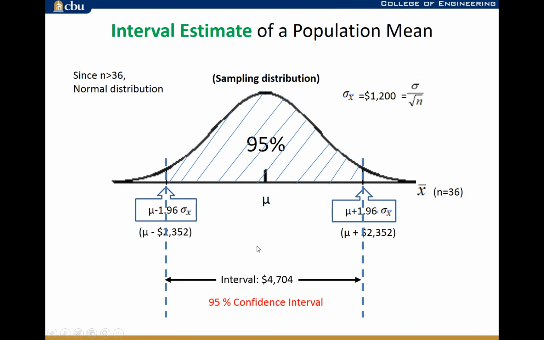And then you find out the interval estimate is equal to $4,704. This is within the 95% confidence interval.